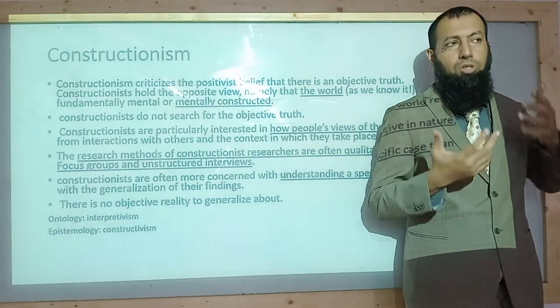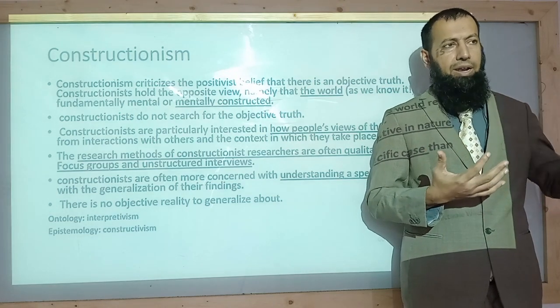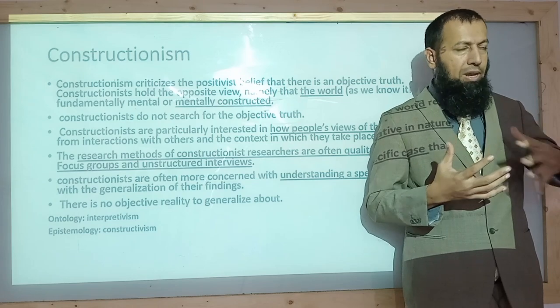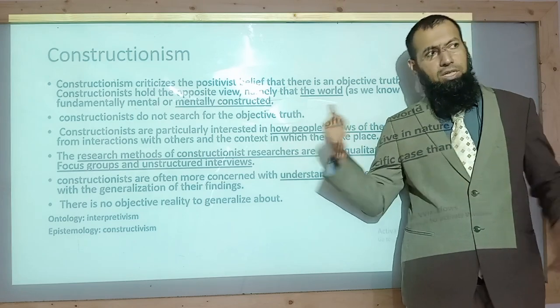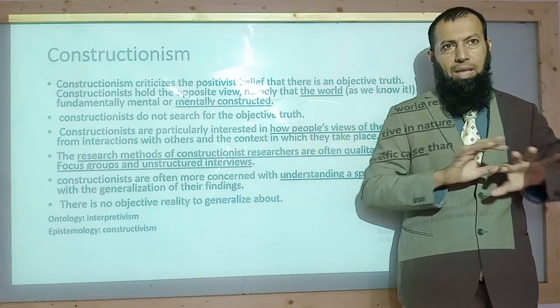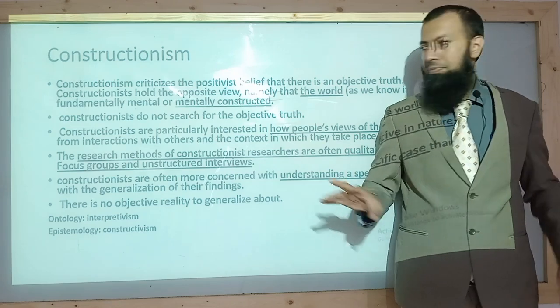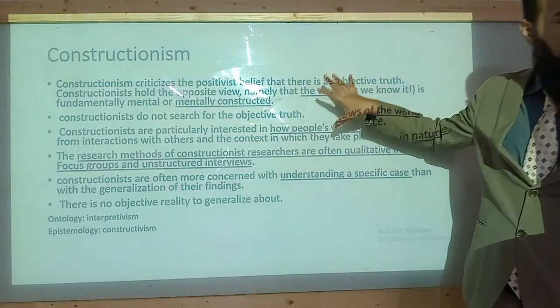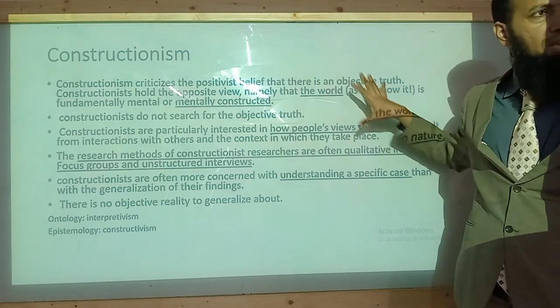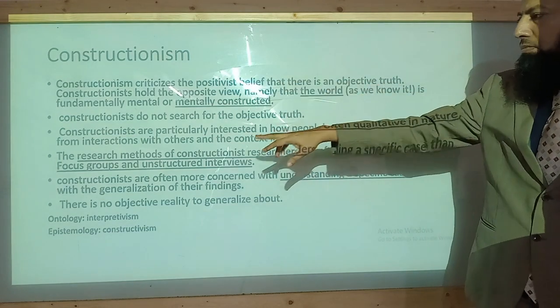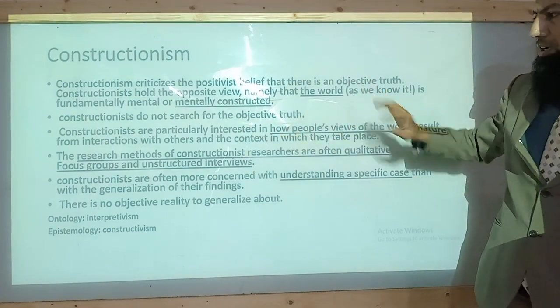So there is a relationship between the human and the environment, and you cannot separate them out. So they say you have to accept that constructionism is the approach to get the truth. So this is about it.